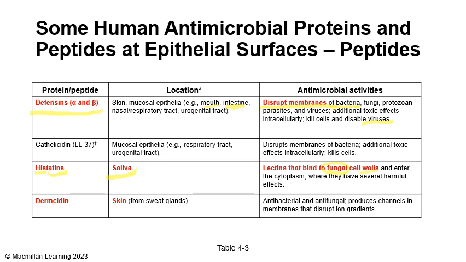Okay, then you have this other type here, dermcidin. I got to check on the spelling of that. That one is interesting because you find it on the skin. Basically, it's being produced by your sweat glands, and that is also going to attack membranes of pathogens. And look what it does here. This thing is antibacterial and it is antifungal.